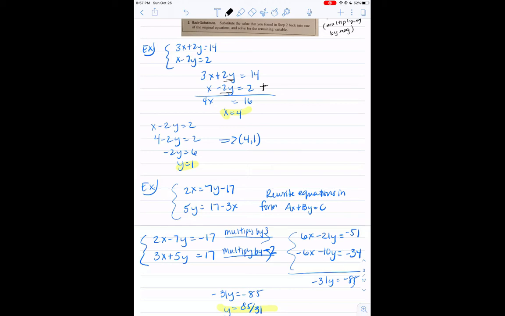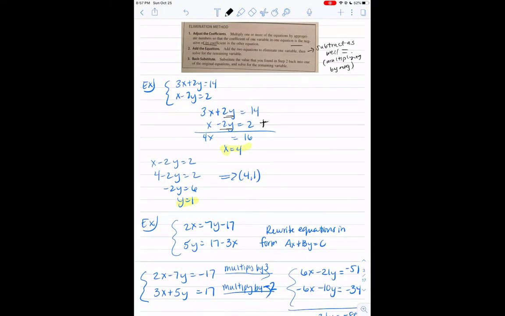So I have 3x plus 2y equals 14, and then I have x minus 2y equals 2. I don't need to multiply the equations by any sort of constant because I have 2y and negative 2y. So I already have a variable with coefficients that are opposites of each other.